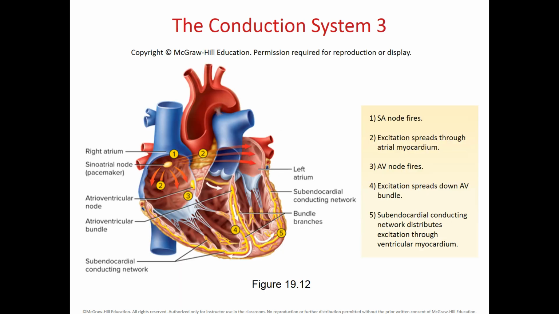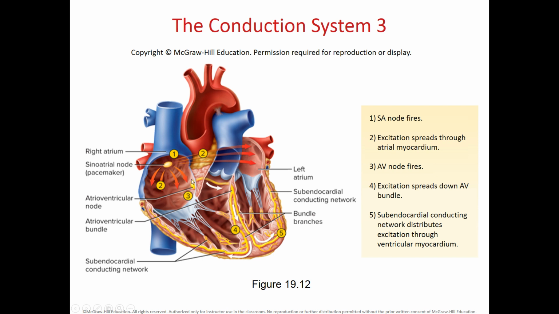So this is the diagram to show you the spread of the action potentials or the excitation within the different parts of the conduction system of the heart. Action potentials that help for the contraction of the myocardiocyte start at the pacemaker, which is the SA node. From the SA node, the action potentials will spread into the atria.